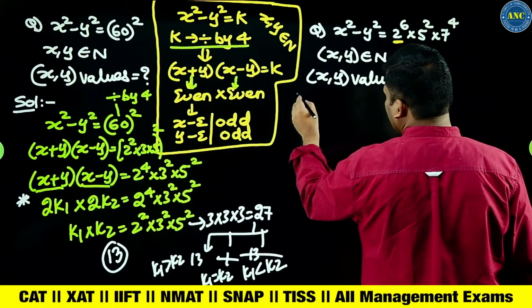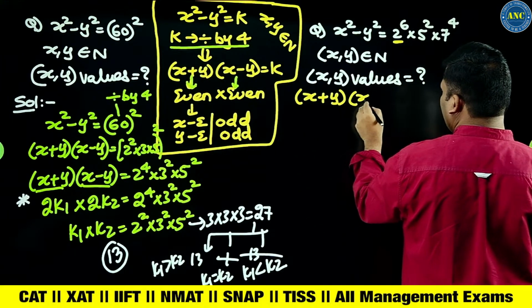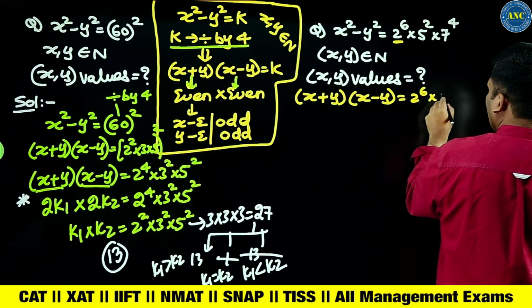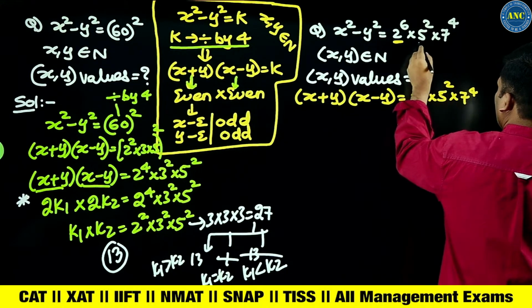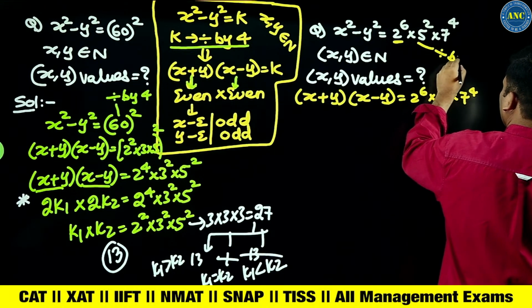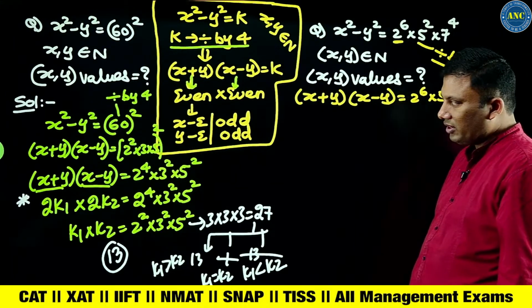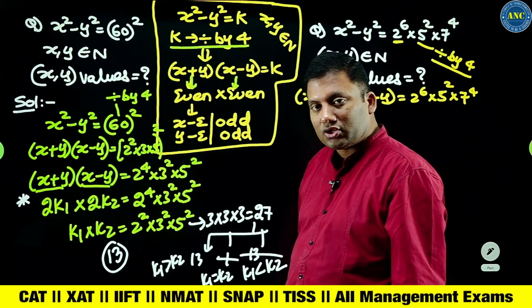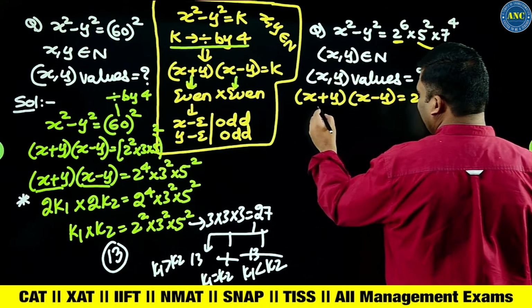Just one change. (x plus y) into (x minus y) is equivalent to 2 power 6 into 5 square into 7 power 4. It is divisible by 4, right? When the right hand side is divisible by 4, x plus y should be an even number and x minus y also should be an even number.